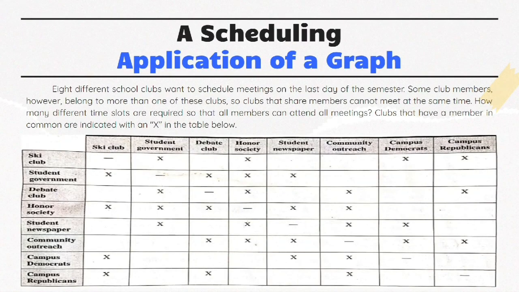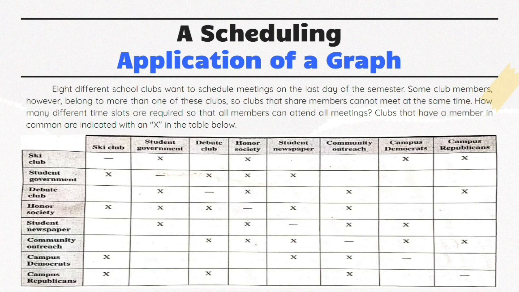Scheduling meetings is best shown by this example. 8 different school clubs want to schedule meetings on the last day of the semester. Some club members, however, belong to more than one of these clubs, so clubs that share members cannot meet at the same time. How many different time slots are required so that all members can attend all meetings?